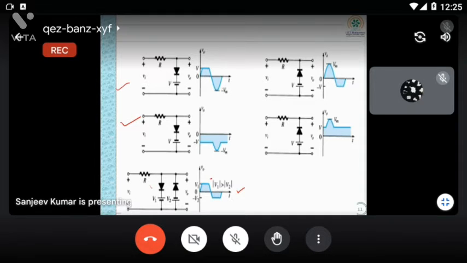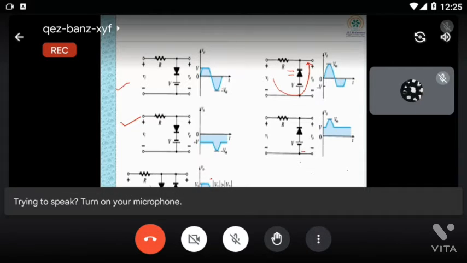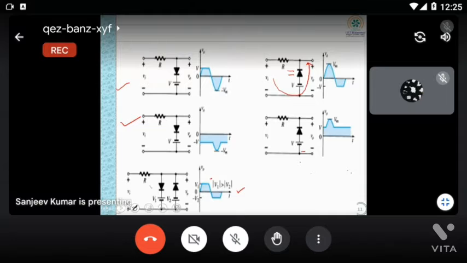Similarly, if you want to change the diode orientation, now for the positive half cycle it is open. So current will flow through RL, which is why in the positive half cycle you are getting maximum VM. For the negative half cycle, this is shorted, so whatever battery supply voltage is there, you'll get the same thing.